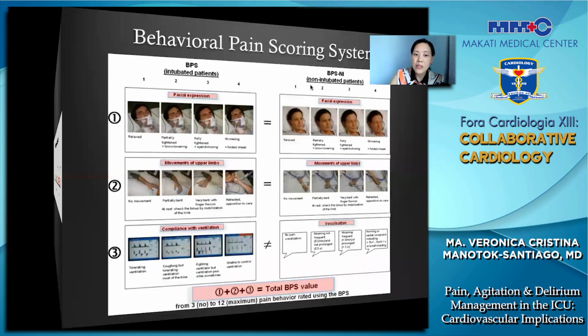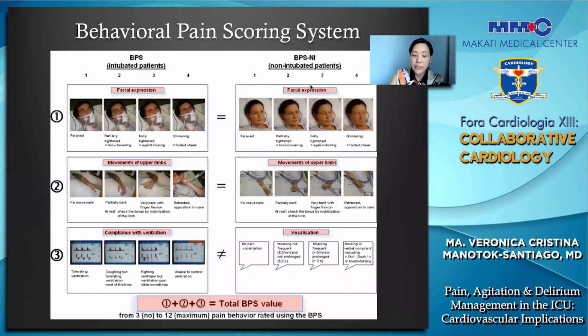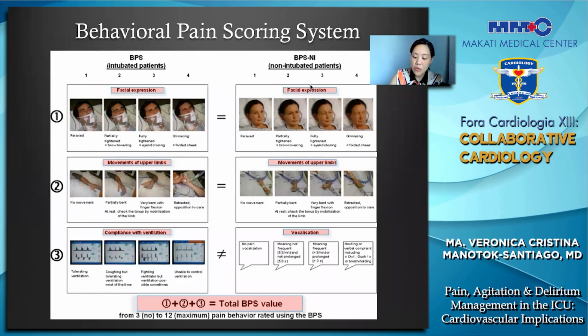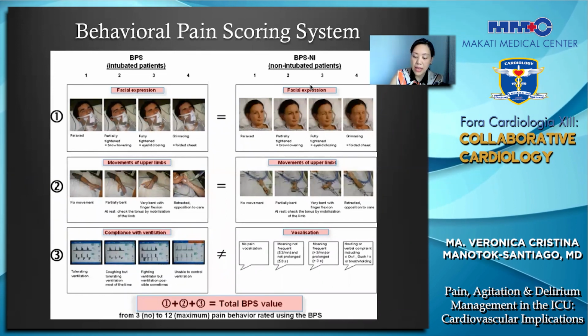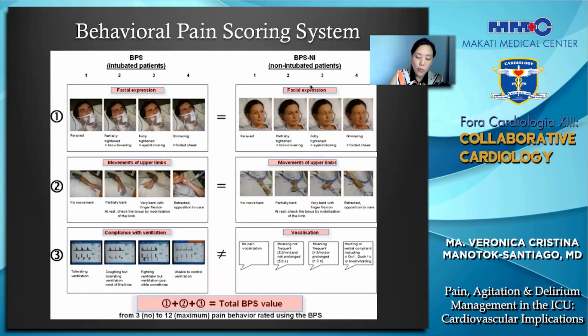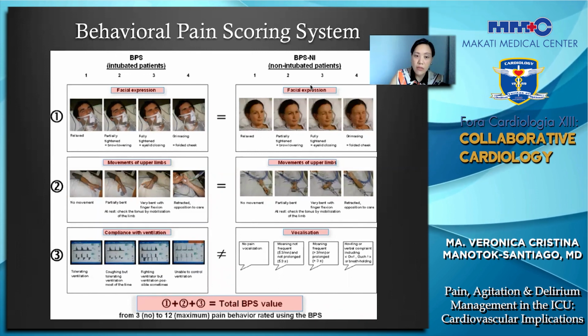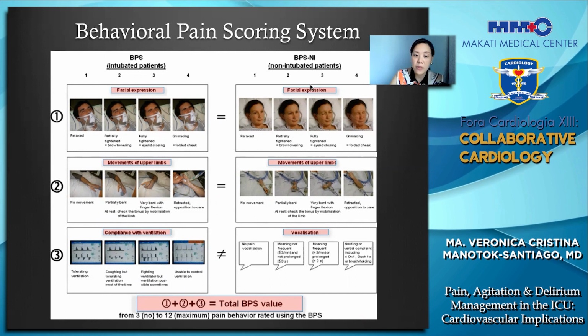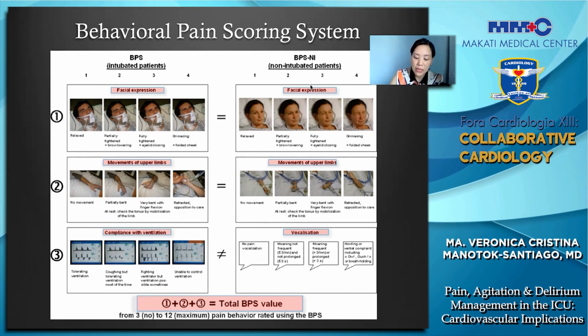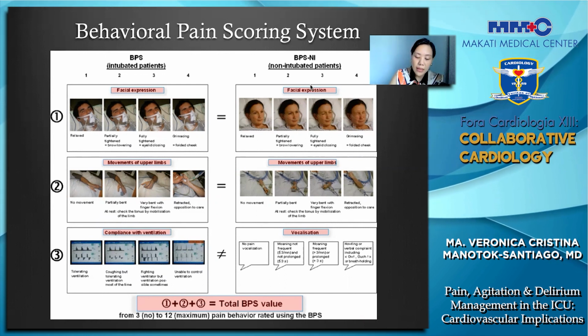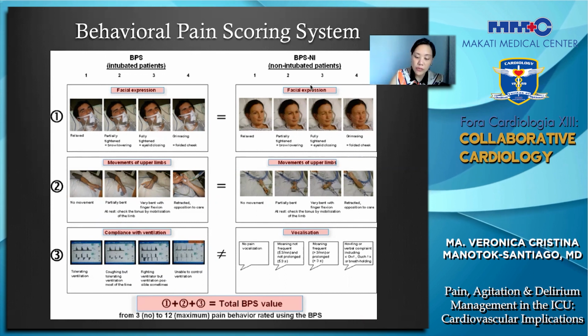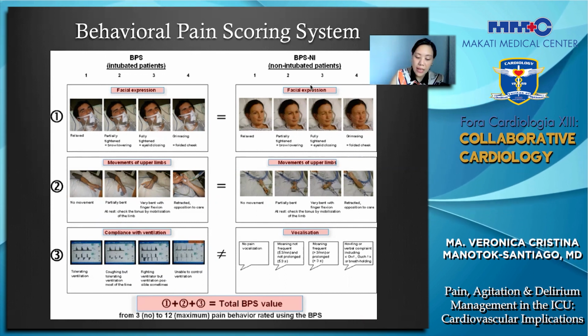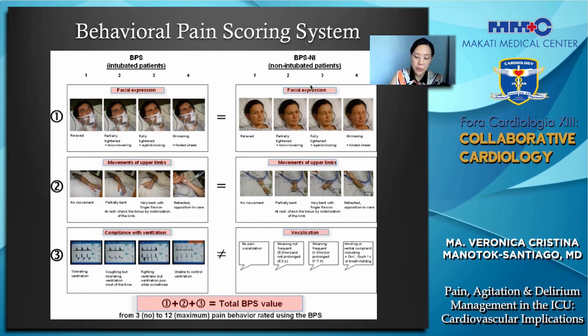What if the patient is intubated or cannot self-report his level of pain? In these cases, we can use the Behavioral Pain Scale or the BPS as shown, which is composed of 3 subscales. We look for the facial expression, the movement of the upper limbs, and compliance with the ventilation. A BPS score of more than or equal to 5 is considered to reflect unacceptable pain.